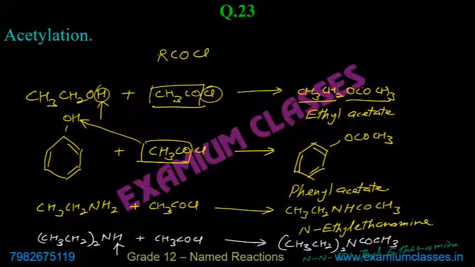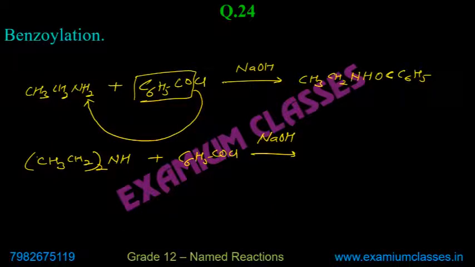Just see the difference, okay? One difference I'm explaining here in this particular case: in acetylation, I didn't say that the presence of NaOH is necessary, but here I am specifically writing NaOH.